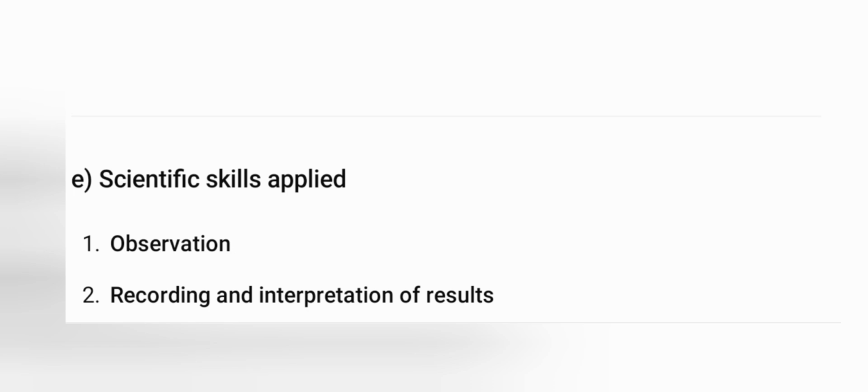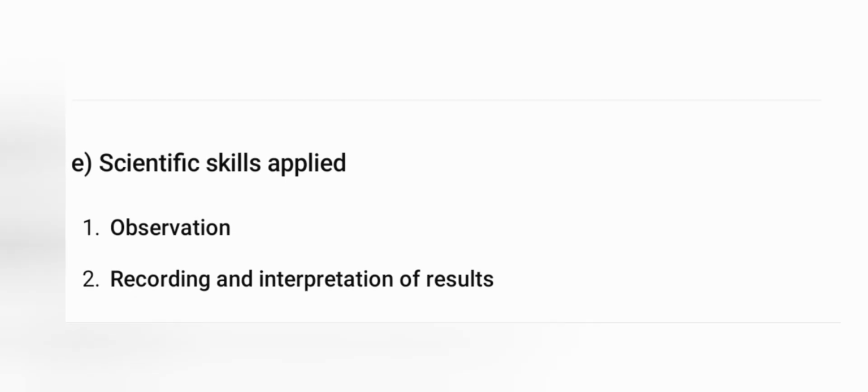Scientific skills applied in this practical. What are the scientific skills applied in this practical? One, observation. We have to see to observe the color change. Then recording and interpretation of results. And a conclusion.